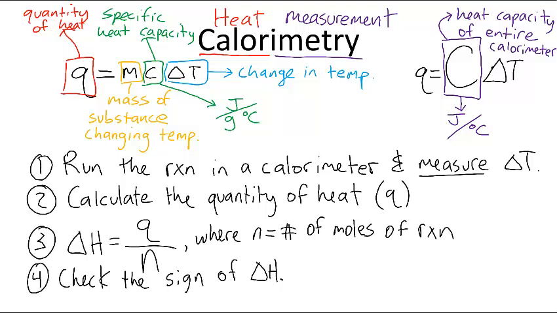So if the temperature went up, that means we had an increase in kinetic energy. So what happened to potential energy? It went down, right? You can't get something for nothing. So if you're releasing kinetic energy, that means potential went down. Delta H should be negative.